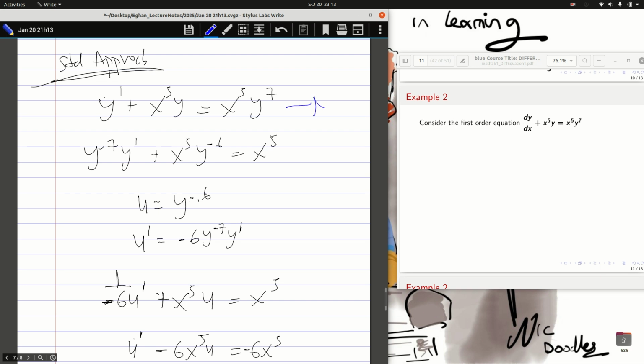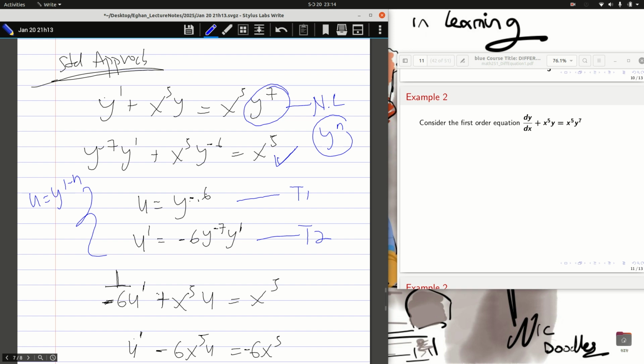If I have my nonlinear equation, I'll divide through by y to the power n. y^n is this guy here, so it means I'll divide through by y to the power 7 and I'll have this representation. I need my transformations t1 and t2. How did I get that? u is equal to y to the power 1 minus n.